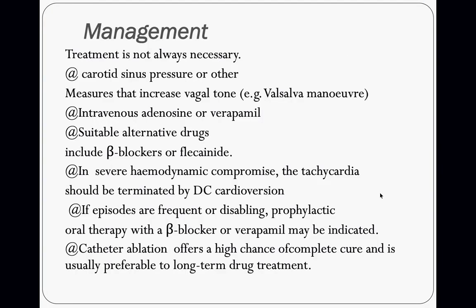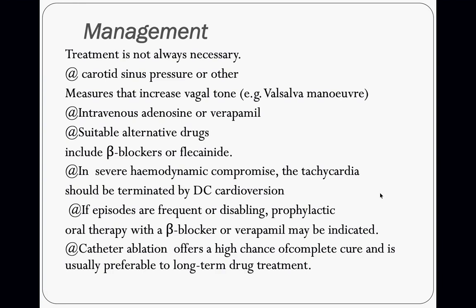Next. How is the management? Management: increase vagal tone by doing carotid sinus pressure or massage or Valsalva maneuver. If this does not help, the next step is intravenous adenosine or verapamil. Suitable alternative drugs include beta blocker or flecainide.